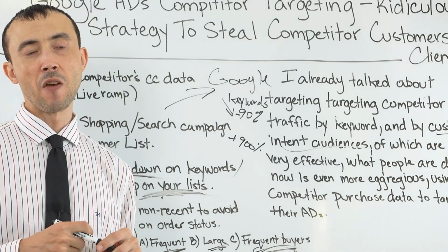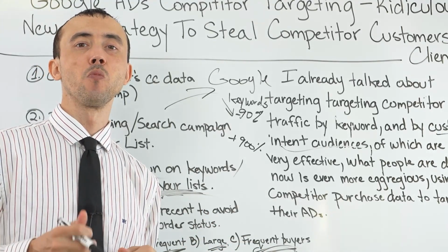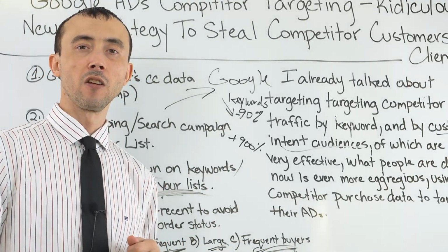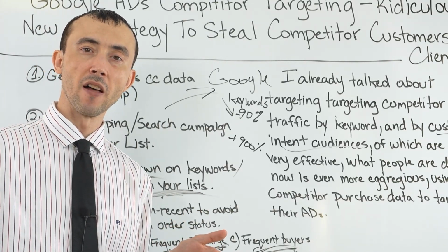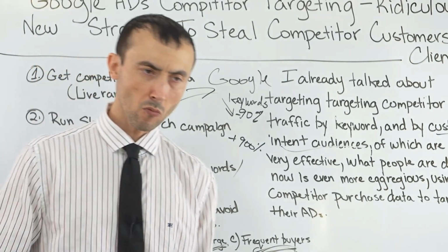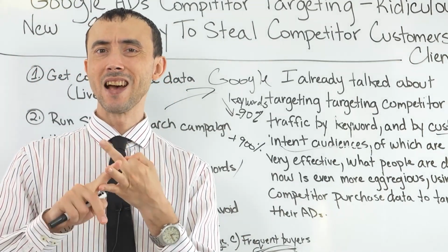So instead of they bought 3 times, they bought 3 times in the last 90 days, which would make them more likely to convert on the 4th purchase being on day 91, if you follow me. Because with targeting customer lists, there's always frequency, recency, and size.